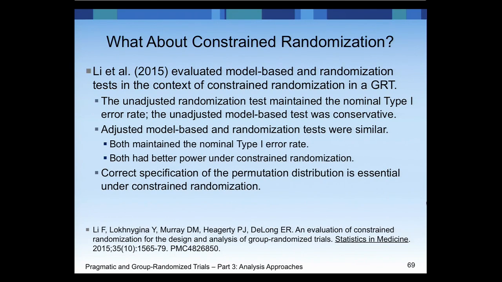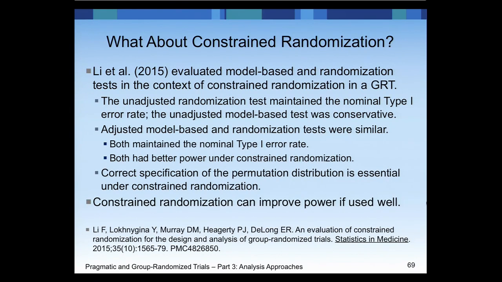So in this instance, we can recommend constrained randomization not only because of the benefits it provides in terms of protecting against confounding, but because it improves power if we take it into account in the analysis. It's important, however, to use the correct specification of the permutation distribution if we use constrained randomization and a permutation test. And details are provided in Lee's paper published last year.